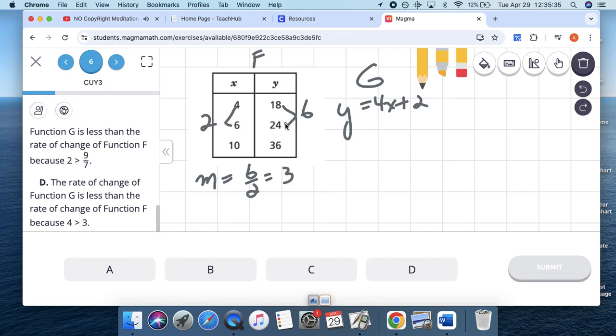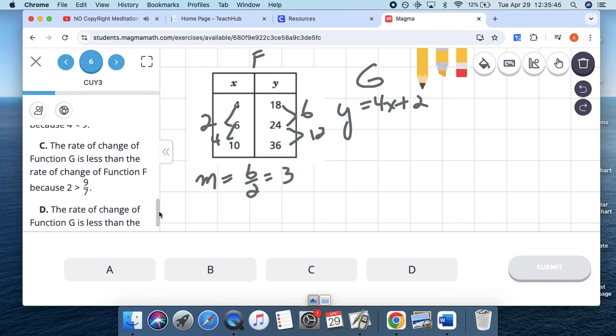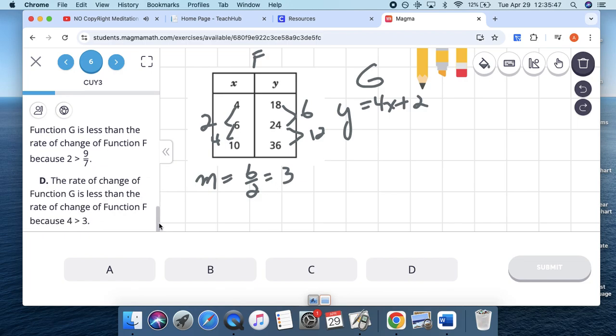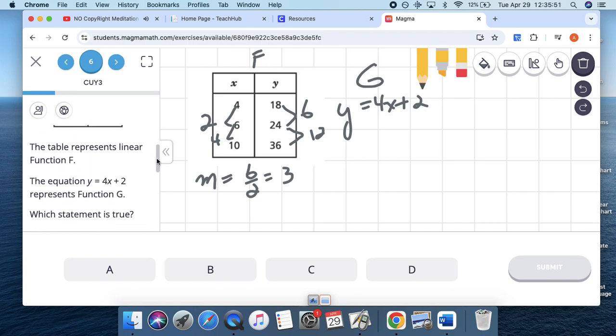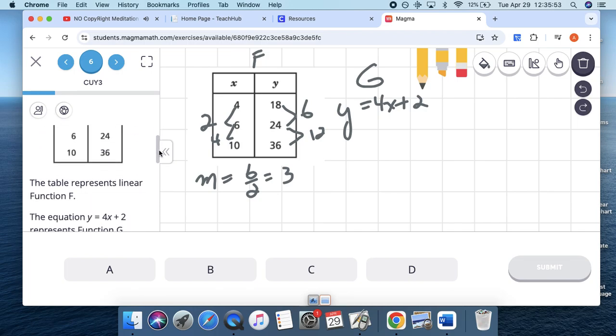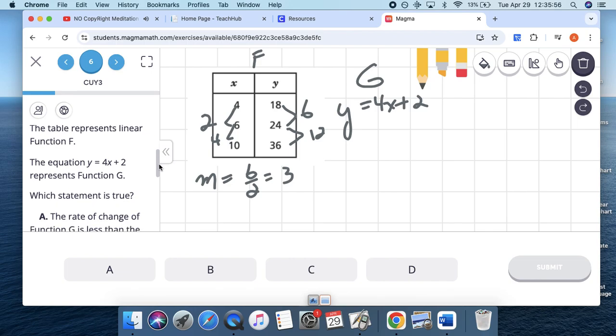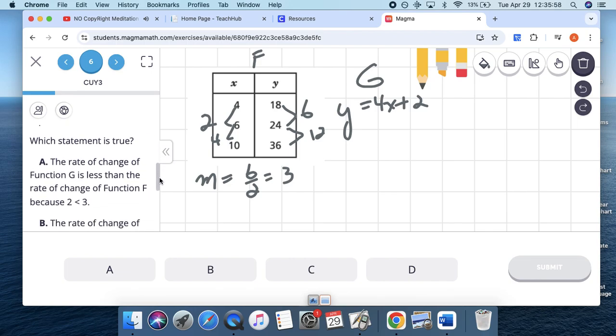This is 6, so let me try again. That's 6 and 6, that's 12. This is 4, so the slope is 3. I don't understand why, unless I'm reading this wrong. That's f, and this is g. Which statement is true?